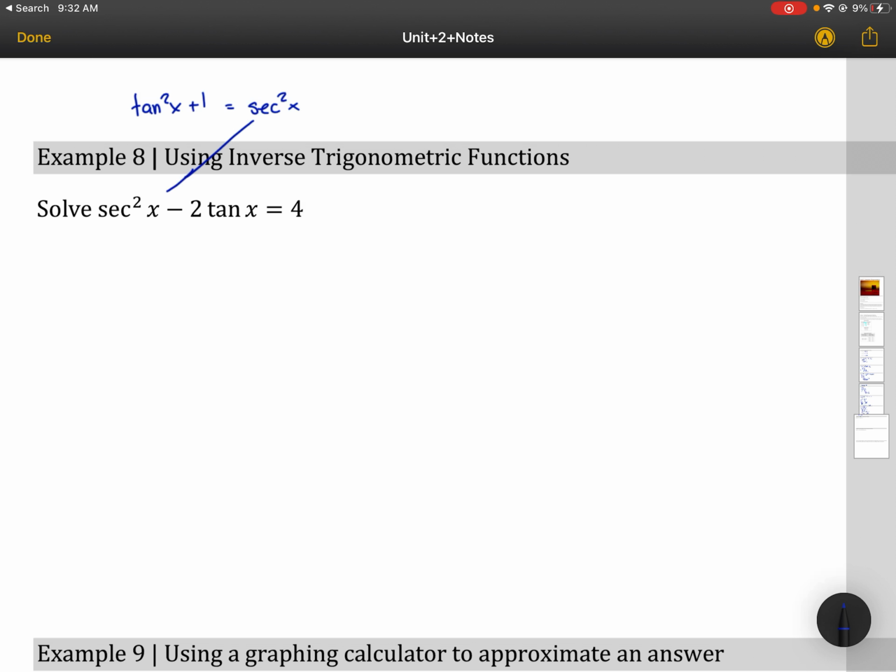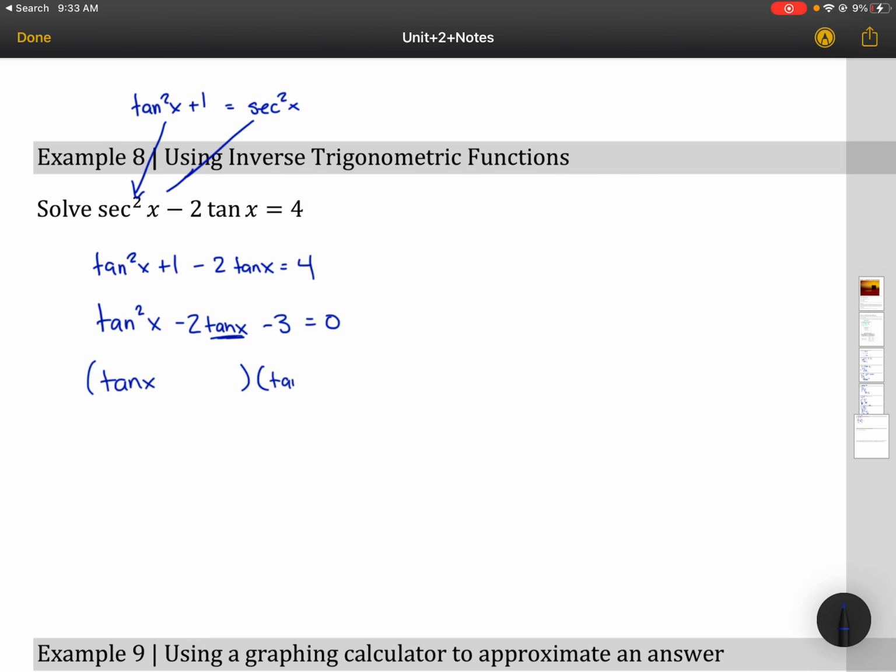So we're just going to turn secant squared into that. So tangent squared x plus 1 minus 2 tangent x equals 4. We are going to subtract 4 from both sides. So we get tangent squared x minus 2 tangent x, and 1 minus 4 is going to be negative 3, so that equals 0. And this is going to factor using tangent x this time.